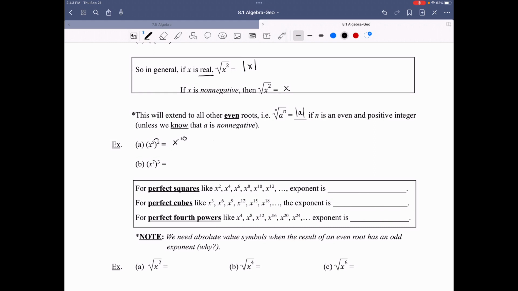Therefore, the square root of x to the 10th is equal to x to the 5th.